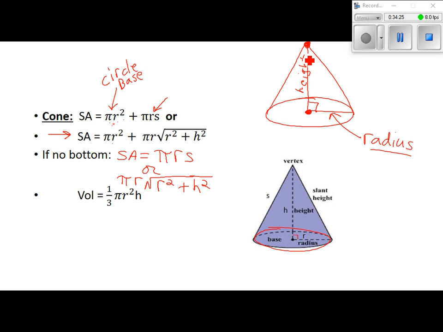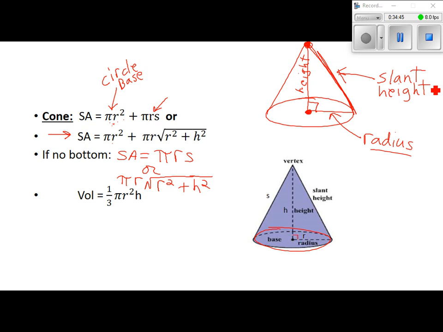And then here's where you've got to be careful. If I'm up here at this vertex and I'm sliding down the side of the cone, that's called the slant height.